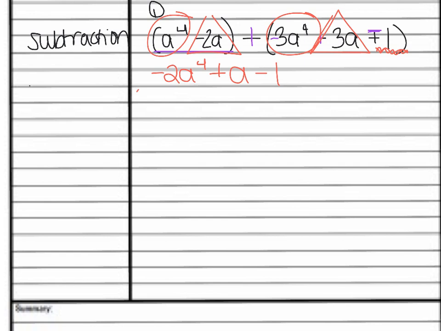All right, example number 2. Change the black. I have 3x squared minus 2x plus 8 minus x squared minus 4.